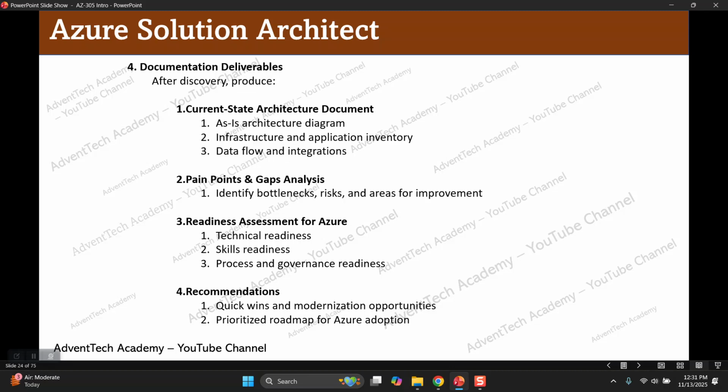Fourth is document deliverables. After the discovery process, we have to produce the current state architecture diagram document.